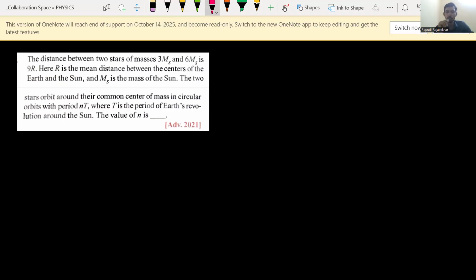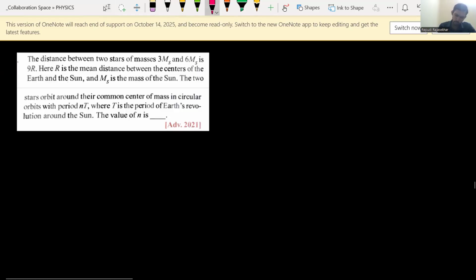Means not Kepler's law equation, but mv square by r equals G m1 m2 by r square. Centripetal force means horizontal circular motion application is there, gravitation force application is there, and center of mass concept. So total 3 concepts we have to apply to analyze this question. Not a big issue, we can solve this question.